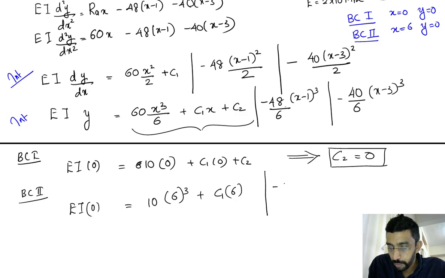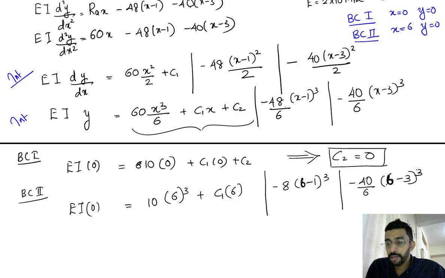The next block will appear, 48 by 6 is going to be 8 into L, which is 6, so (6 minus 1) the whole cube. Next the block will come, minus 40 by 6 into L, always L is coming into picture, so (6 minus 3) the whole cube. This is how the equation is going to look like, right?